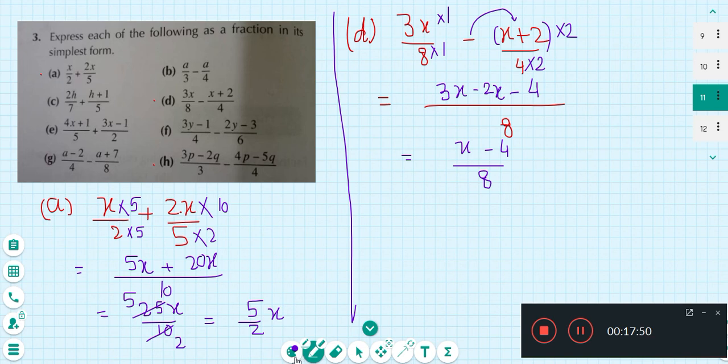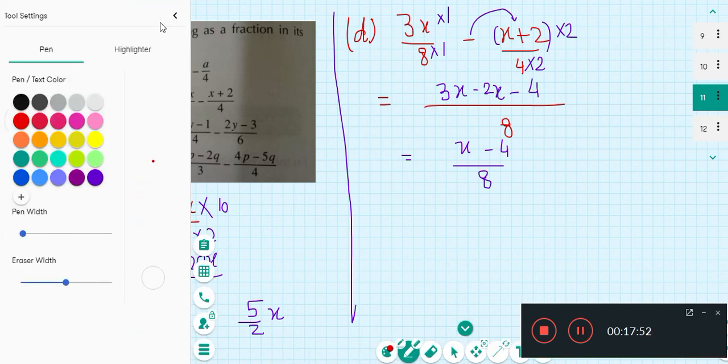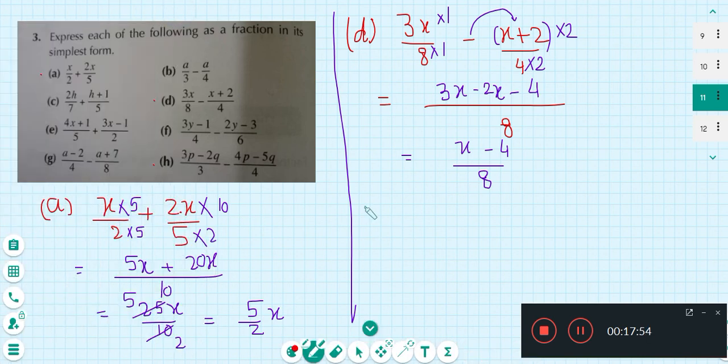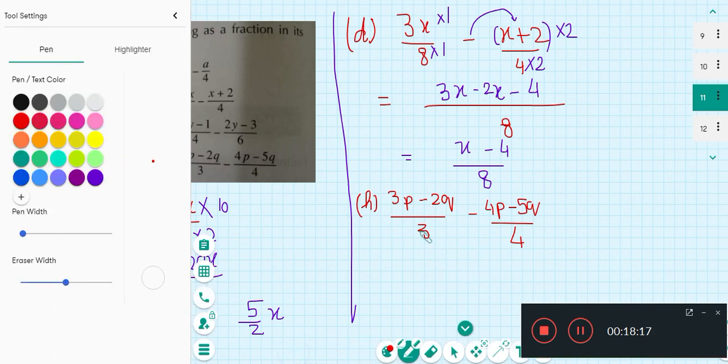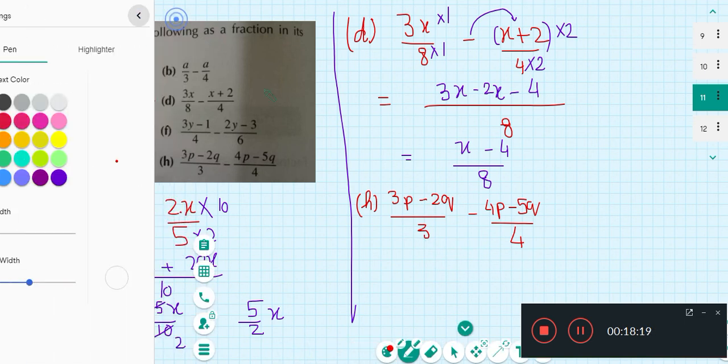Next part H. 3p minus 2q over 3 minus 4p minus 5q over 4. So in this question the denominators are 3 and 4, so LCM will be 12.